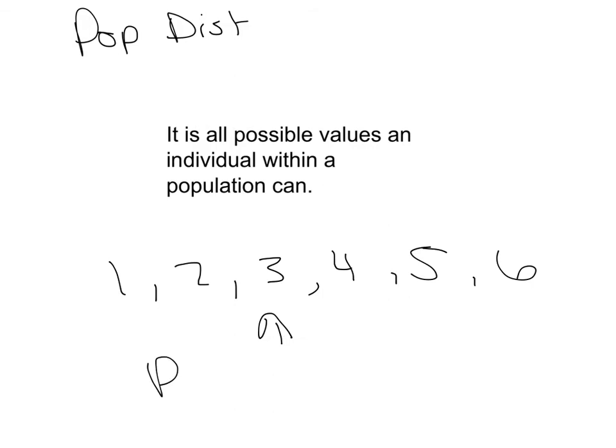This is our population distribution because our dice can only take these 6 numbers. This is really important because a sampling distribution is the possible values of an entire sample, while this is the possible value of an individual.